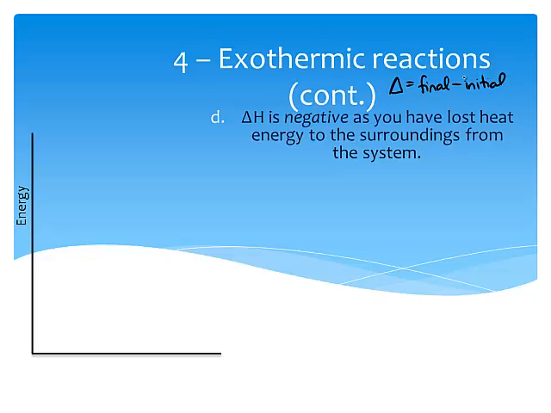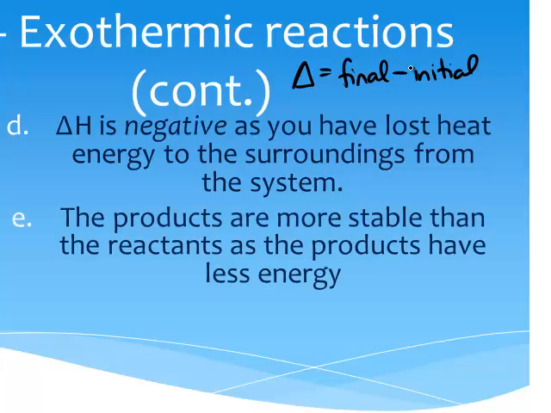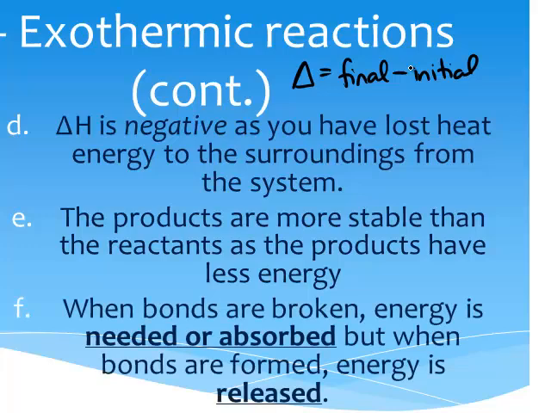And because the H value represents the stored energy, if there's less stored in the products than there was in the initial reactants, then that delta H has to be negative. Because of that, the products happen to be more stable than the reactants because the products have less energy.